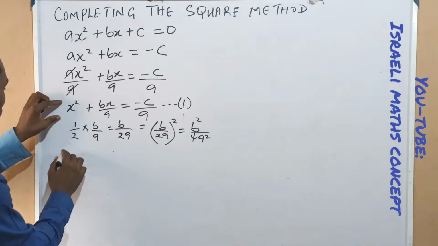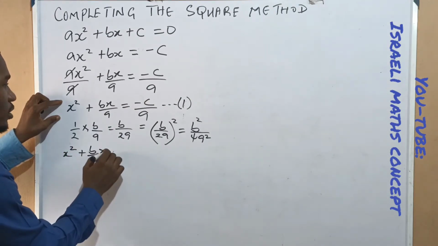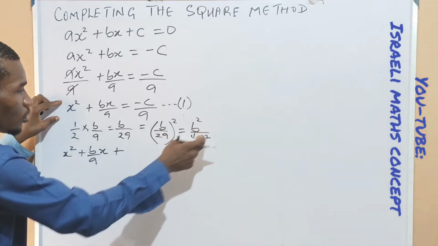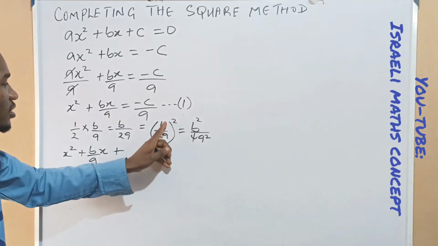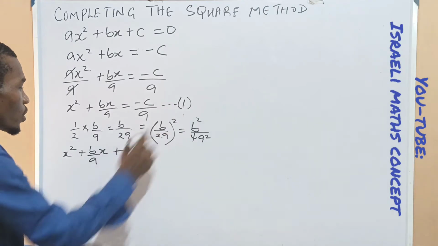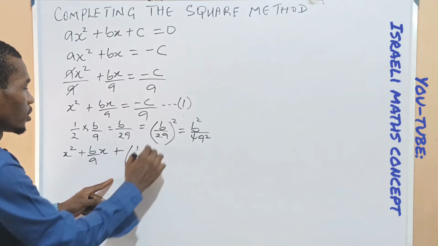Hence we have x squared plus b over a x plus, remember, we want to add this b squared all over 4a squared. But because b squared over 4a squared is the same thing as saying b over 2a squared, let me take b over 2a squared and include it to this side, making it b over 2a squared.